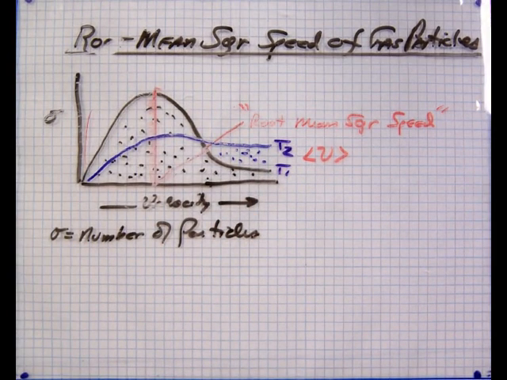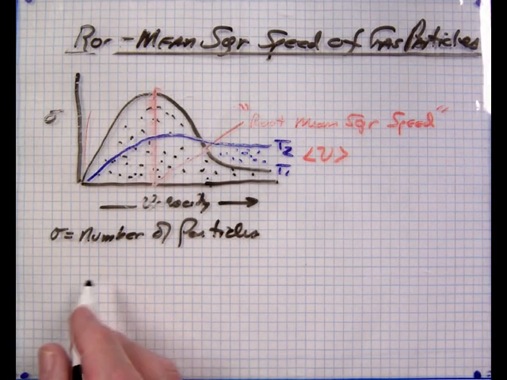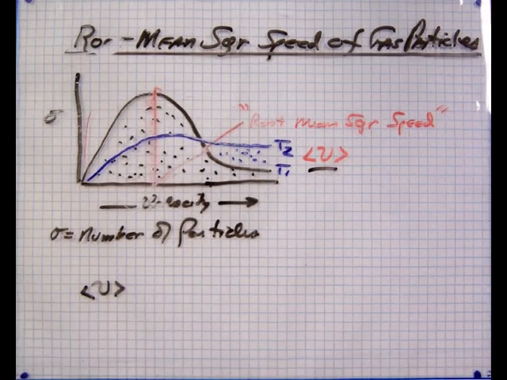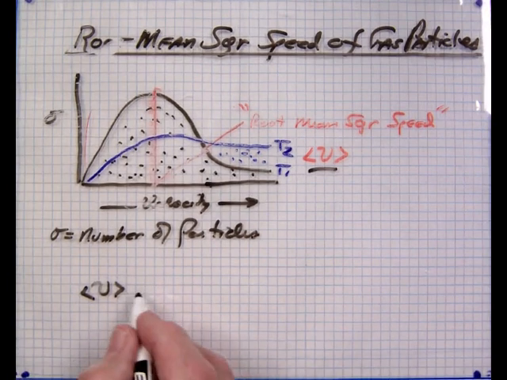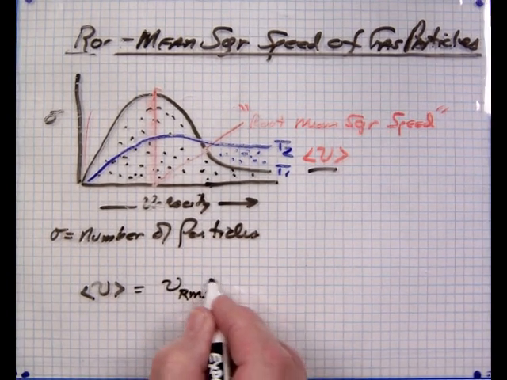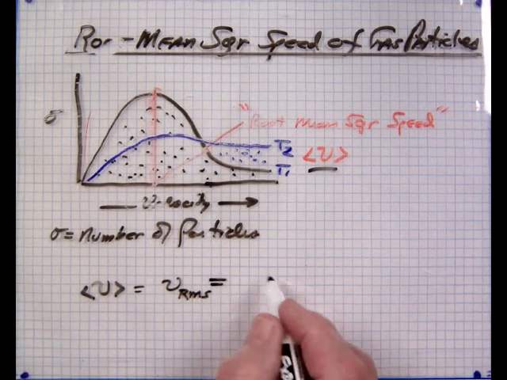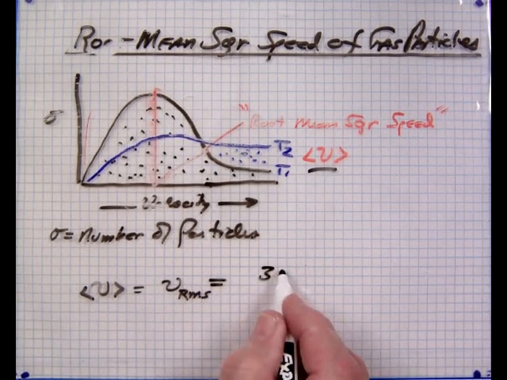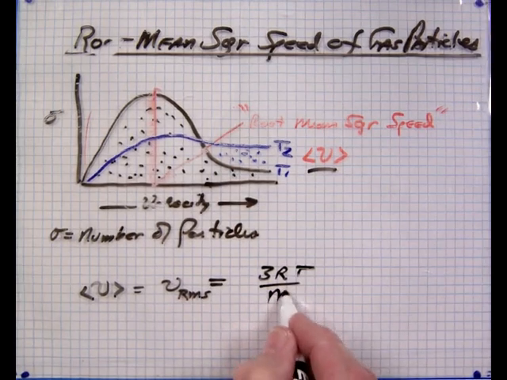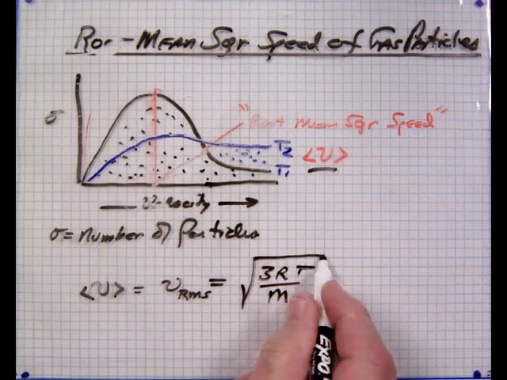Well, to calculate the root mean square speed is a very easy formula. Root mean square speed is the symbol V with two little brackets, or some people will write in their literature RMS, and it is the square root of 3RT over mole weight.